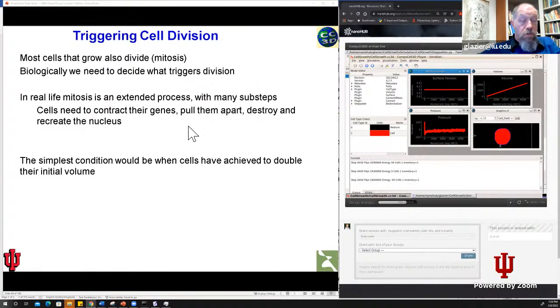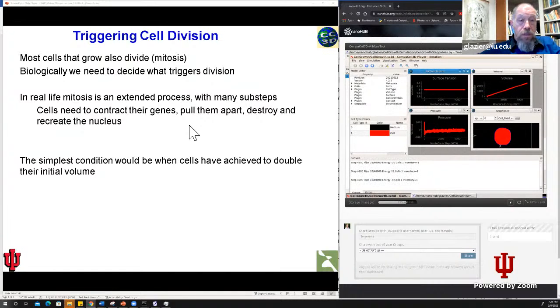Depending on the species, it may divide 10 times, 12 times. And so the cell volume may actually go down by a factor of 1,000 or more from the egg later on. So that is a situation where you have cell division without growth.